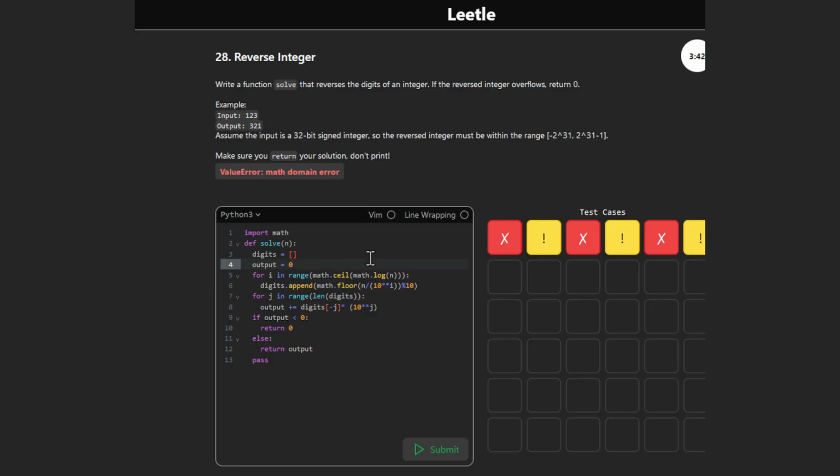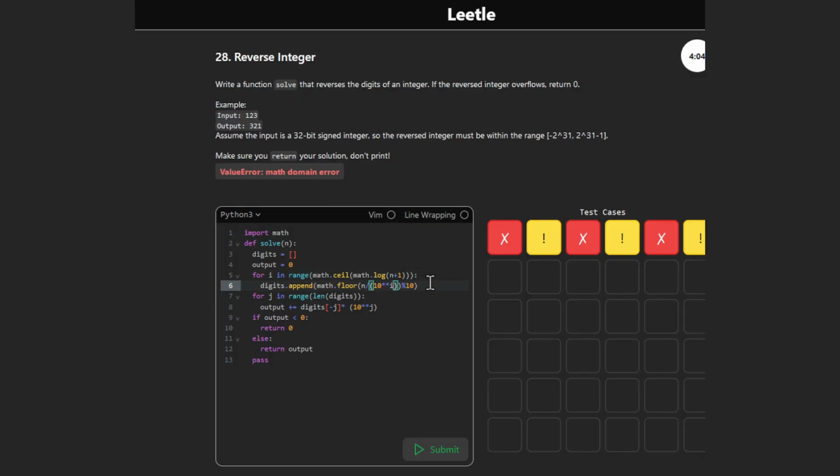And then, okay, well, math domain error. Oh, it should be n plus 1, technically. That's very, very minor here.